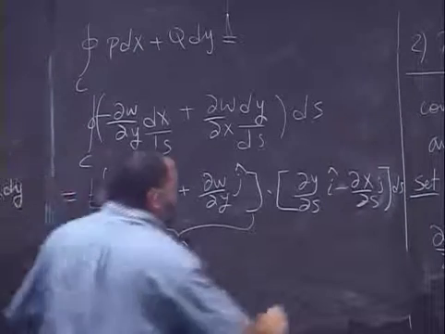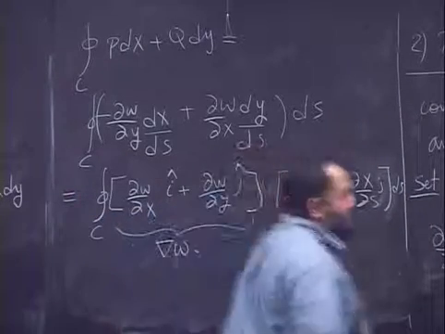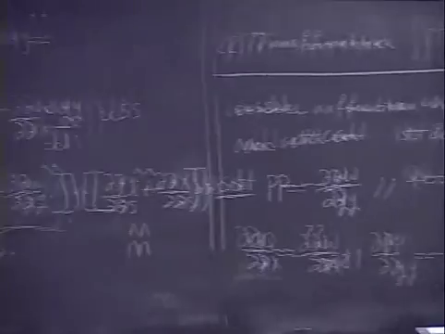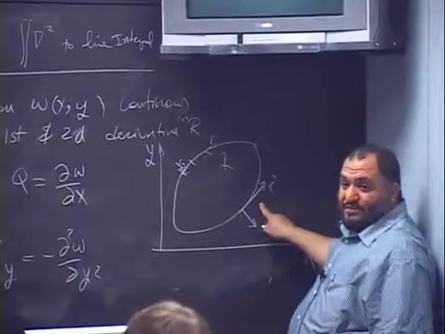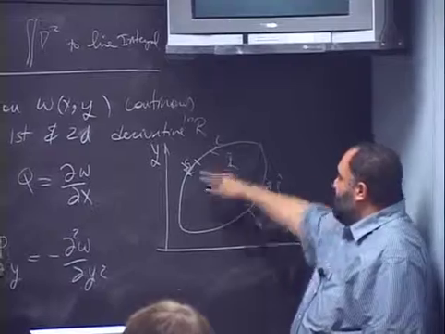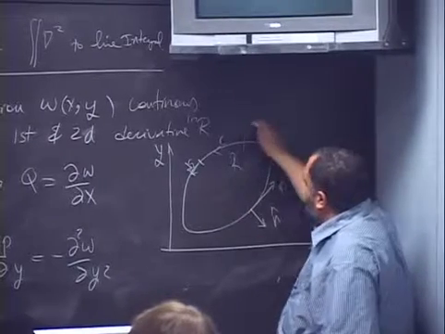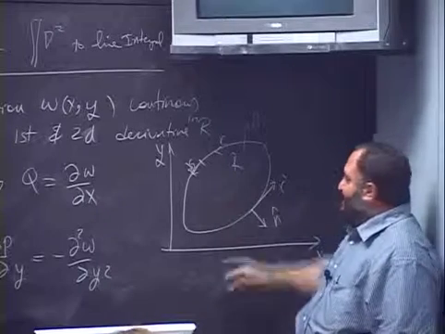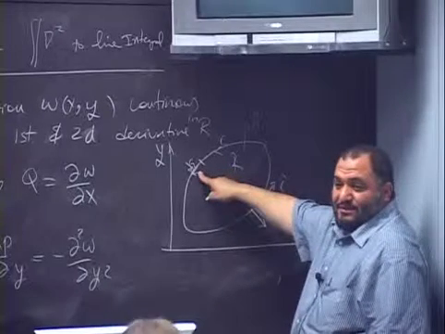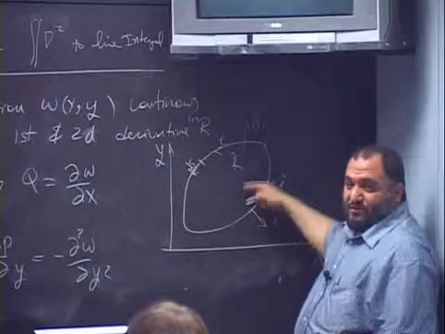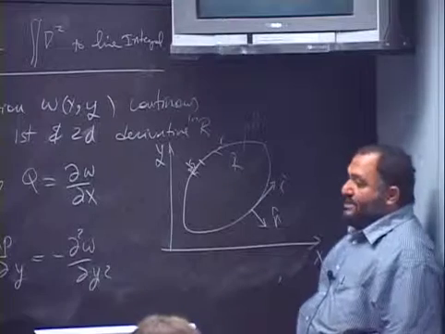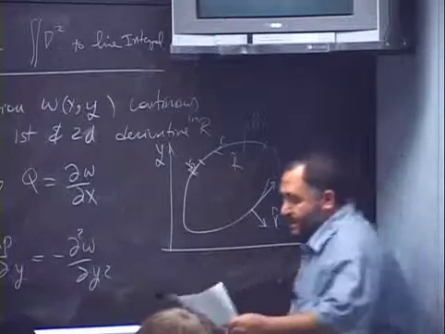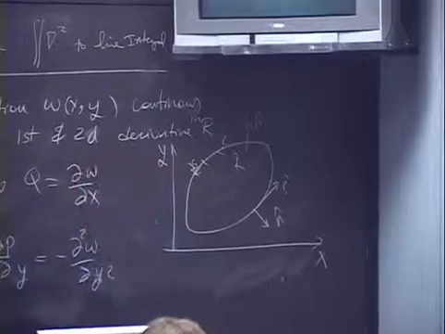This is the n, the unit normal to the curve at here. So anywhere in the curve, if you want to get the unit normal for a curve, it will be dy by ds, where s is the length of the curve, okay? And dx by ds. We will prove it right now.